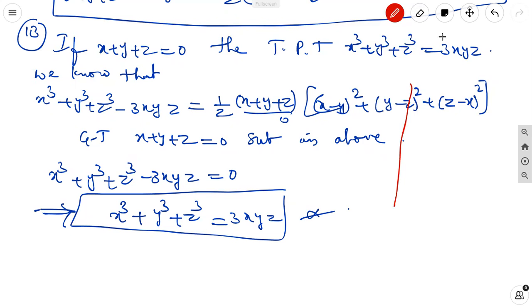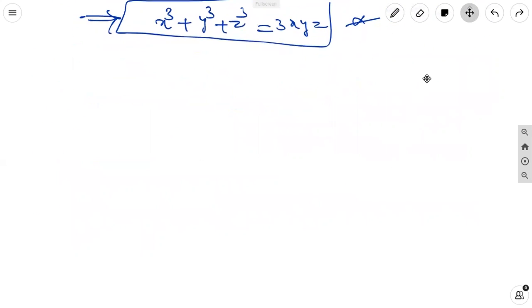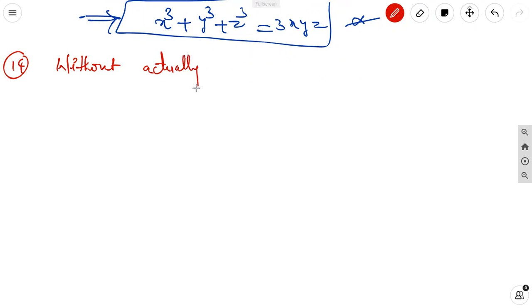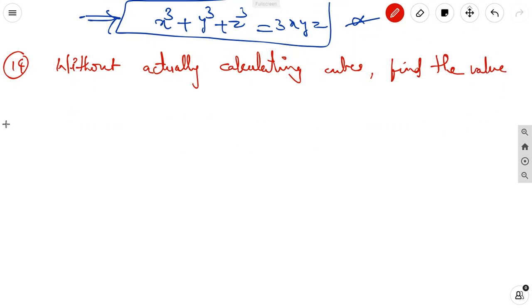Next, the 14th one. The 14th problem is related to the 13th relation. Without actually calculating the cubes, find the value of each of the following.